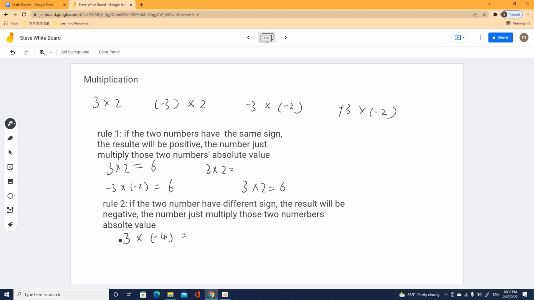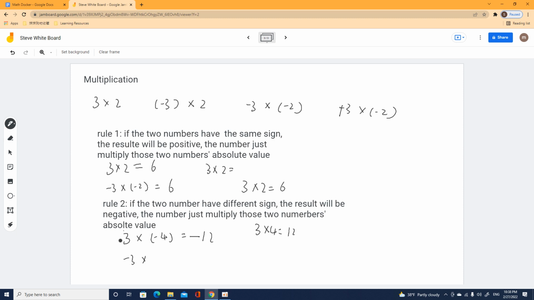They have different signs. So that means the result sign will be negative. And about the result number, you see, we multiply the 3, the absolute value is 3, and -4, the absolute value is 4. So we multiply them together is 12. So that is -12.